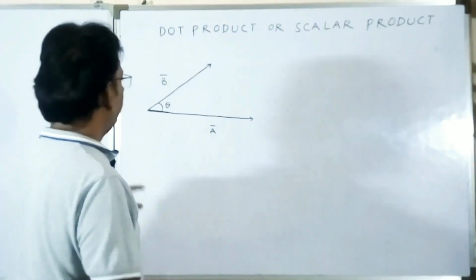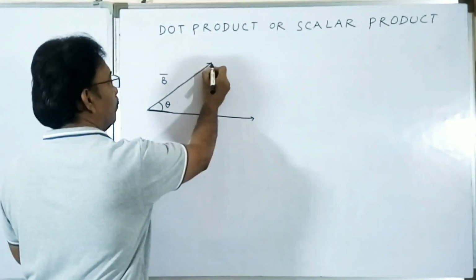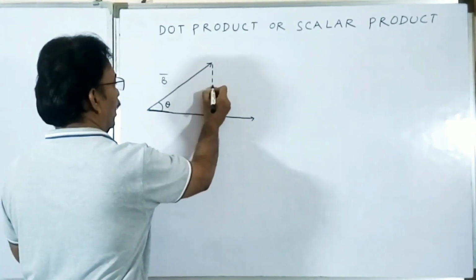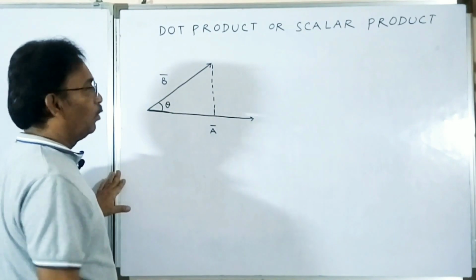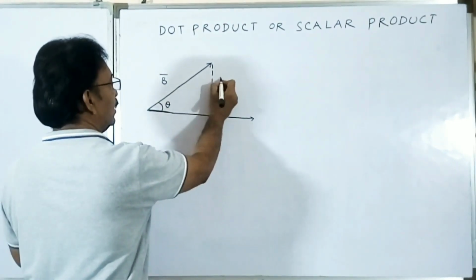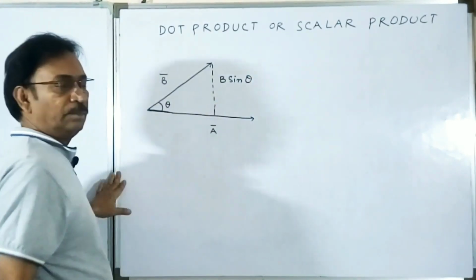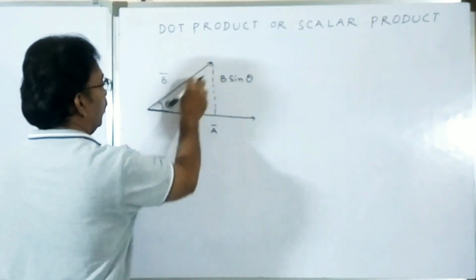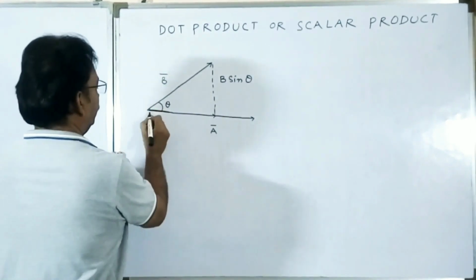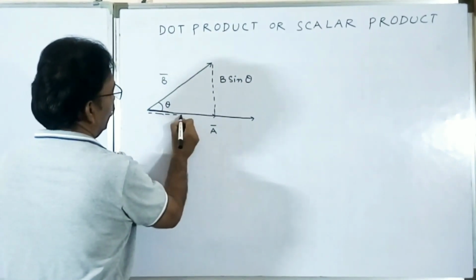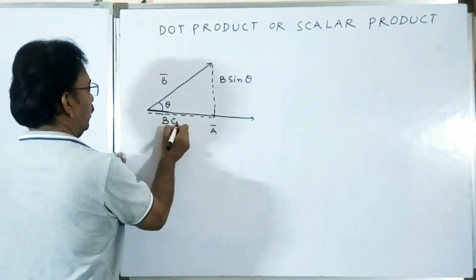You can understand this very easily. Here is the vector. I am dropping a normal from this one. I think you understood what I am going to do. I am resolving this vector, B vector, into components, and obviously it is B sine theta, and we take one more component, and we call it B cos theta.